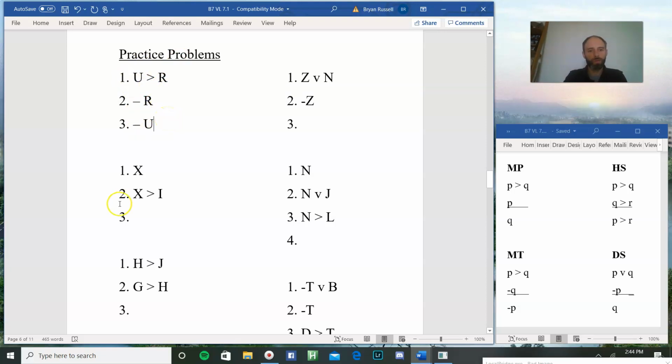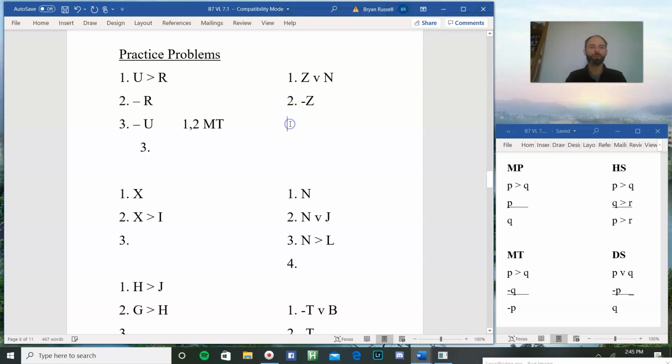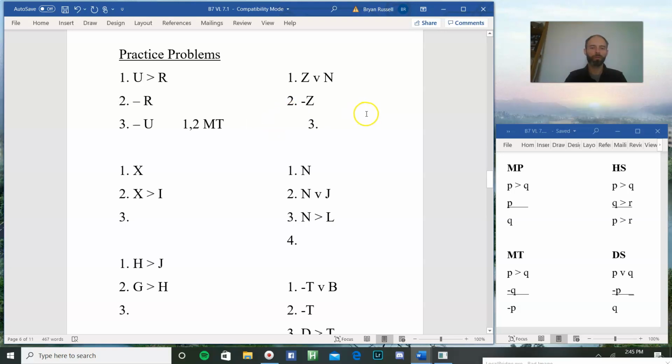And how did we derive that? The way we derived that was by, on lines 1 and 2, using the rule MT. There we go, MT. This is a justification for the new step that we did.